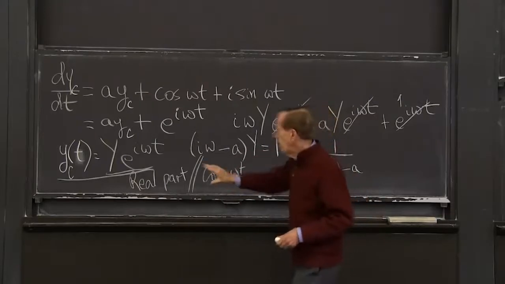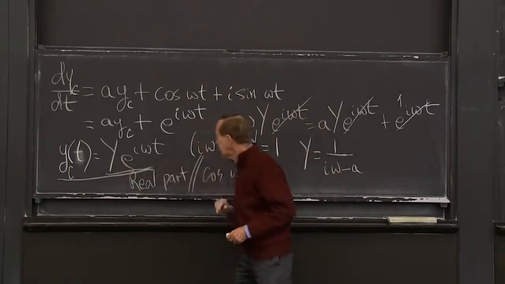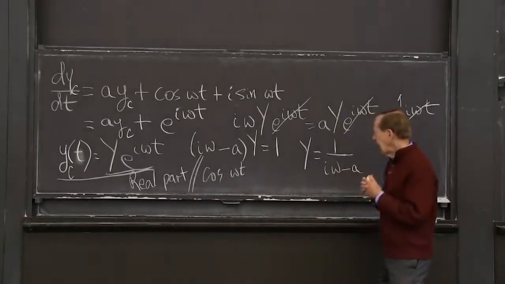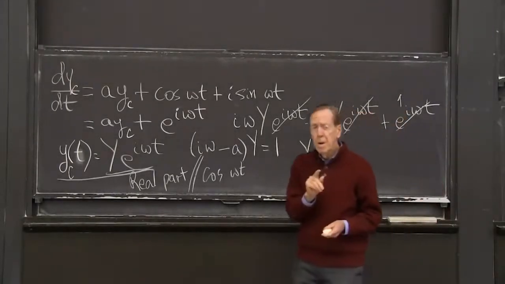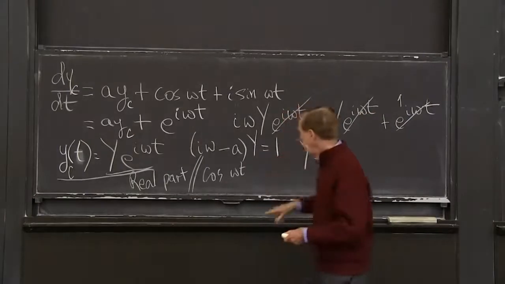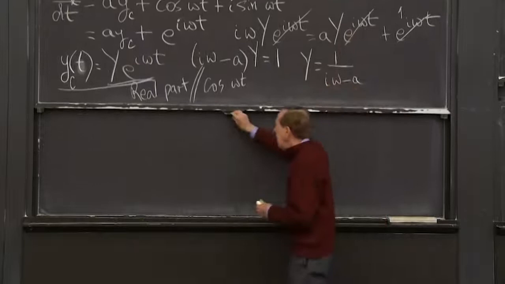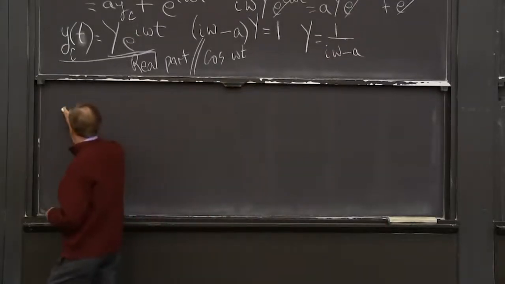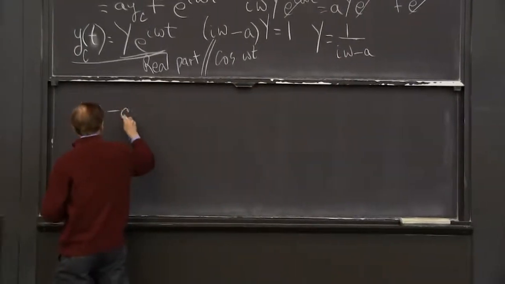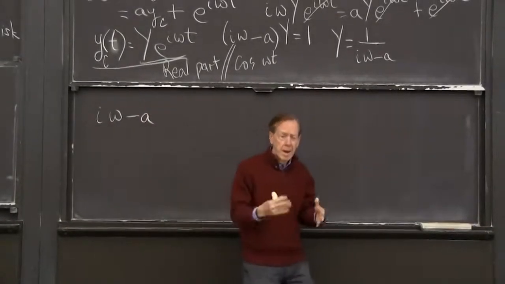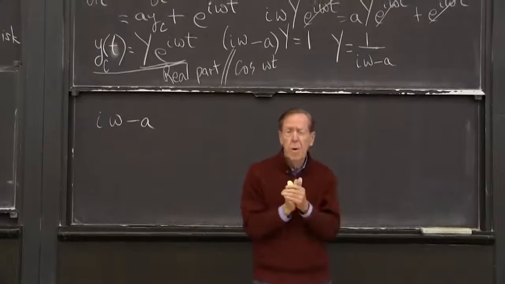So now I have to think about it, and Y itself has this thing in the denominator. So let me look at this number, i omega minus a. That's really the awkward quantity that I have to get into a good form.